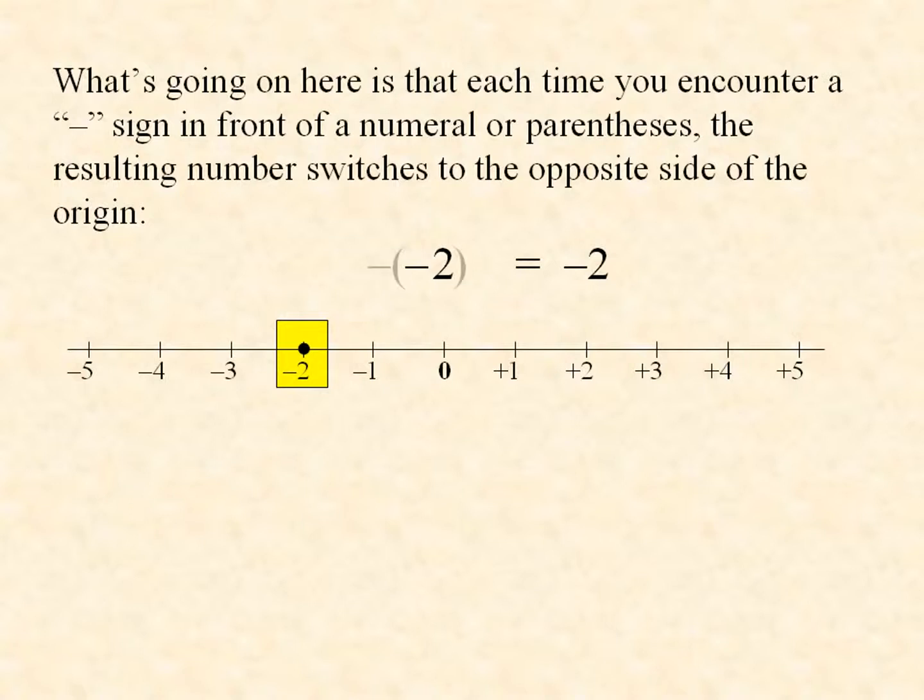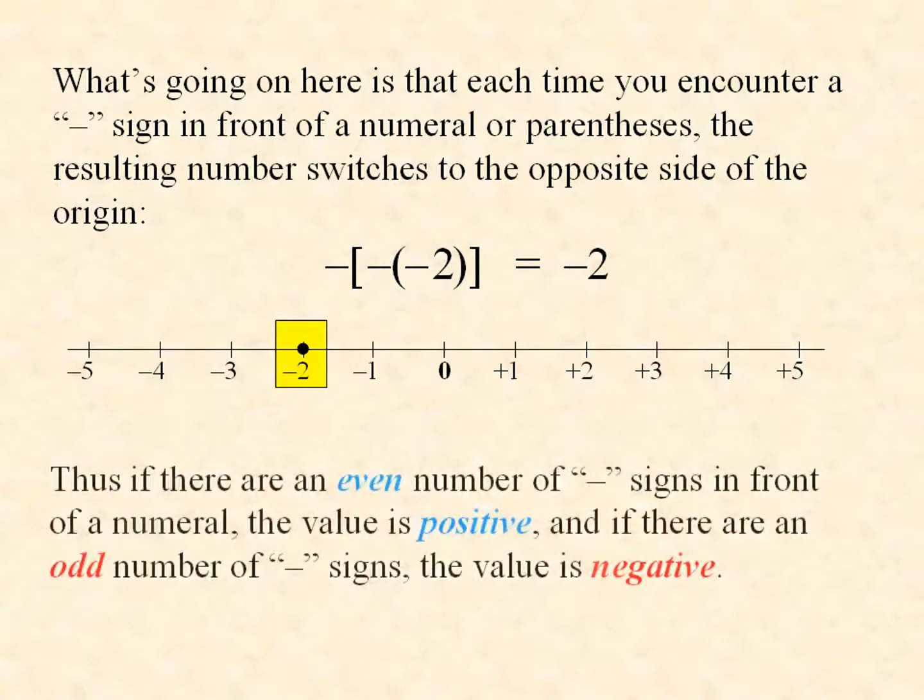And if we place another minus sign, we're back to +2. And if we place another minus sign, we're back to -2. So if there are an even number of minus signs in front of a numeral, the value is positive. And if there are an odd number of minus signs, the value is negative.